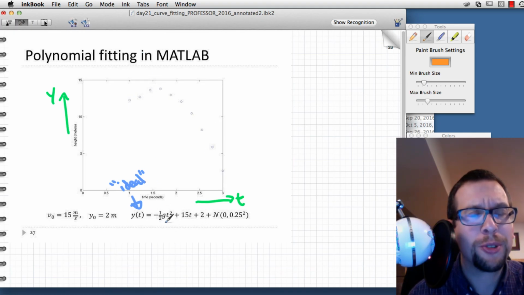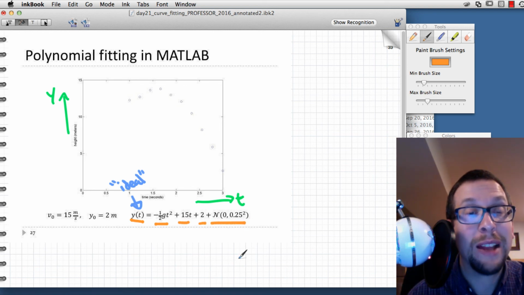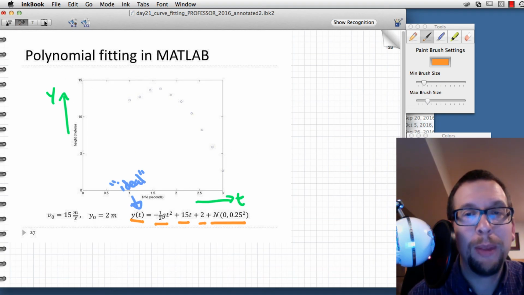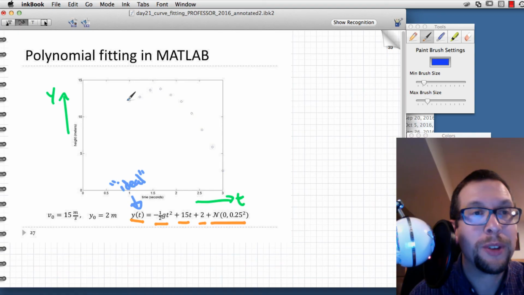Okay, so when we're doing polynomial fitting in MATLAB, we're going to create some fake data right here. This is referred to as the oracle data, the data that only a higher power would actually know. So we've got this ideal data defining y, or height, with respect to a gravity term, a velocity term, a position term, and random noise. So we have our height y and our time t, and after 1 second we're measuring the trajectory of the ball as it goes up to its apex and down to the ground.